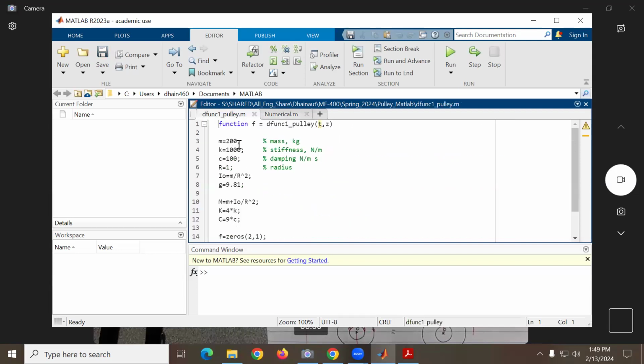So what do we use for M? 20. What do we use for K? 5. What do we use for C? I think it was 6, no? You told me, is that correct? 6. Then R, we didn't specify a value for R. Yeah, we did, 0.8.